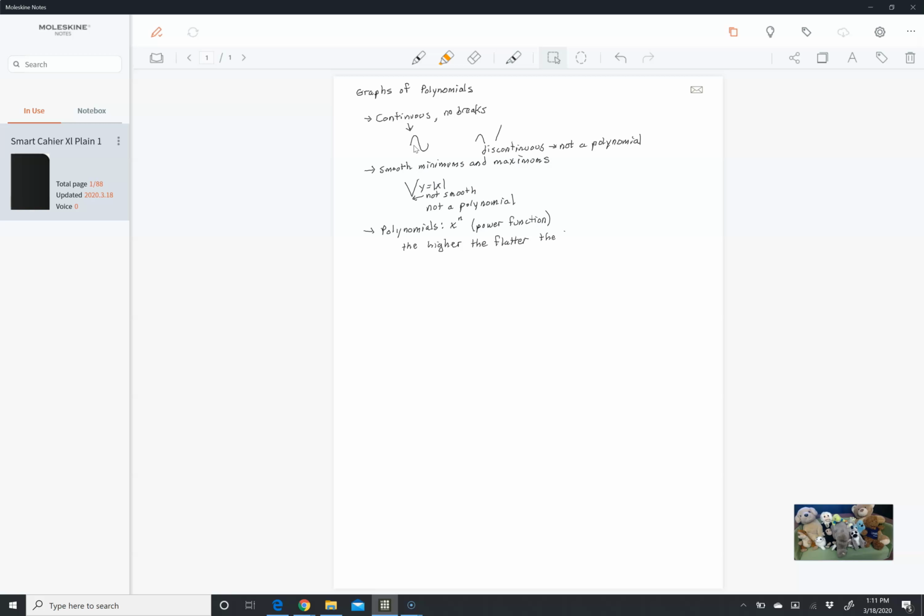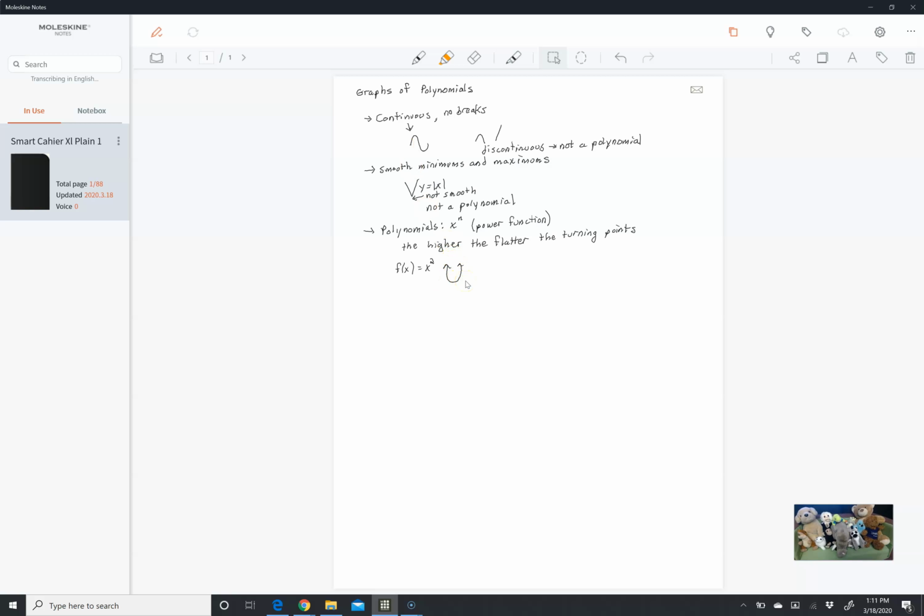When we talk about flatter, we mean the turning points. For example, if we say that f of x equals x squared, it is going to look something like this. We can see that it does turn over here.